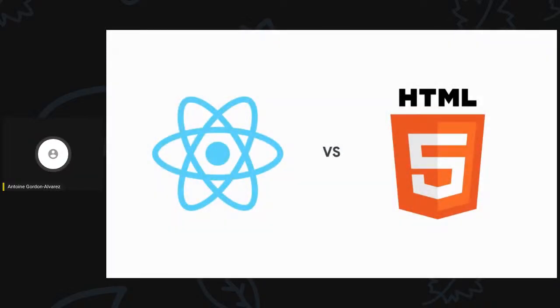So how does it relate to React versus HTML? For students that were involved in the last sessions, if you finished building everything from HTML, from the design that we gave, you will have noticed that we had to copy and paste the header and the footer to all our pages. And that makes it a little tedious in managing our documents.